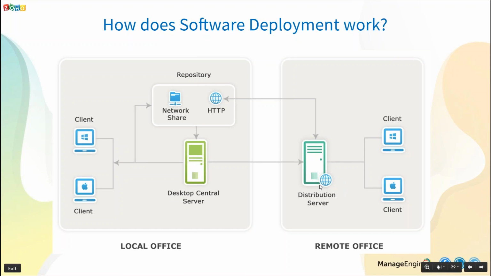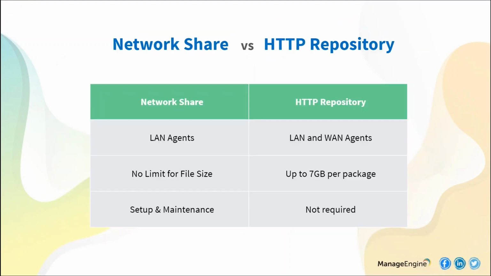Now, why do we have two different repositories? Here is a comparison to explain that. Network share is more suited for local area network, where there is no limit to the package size you're going to deploy.